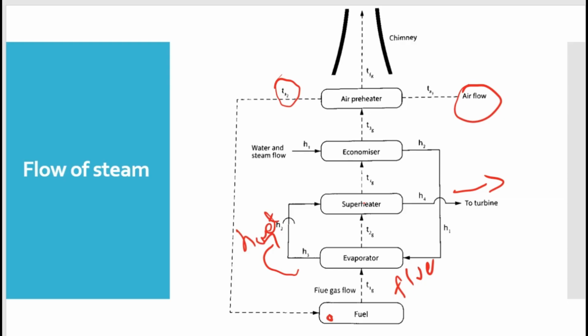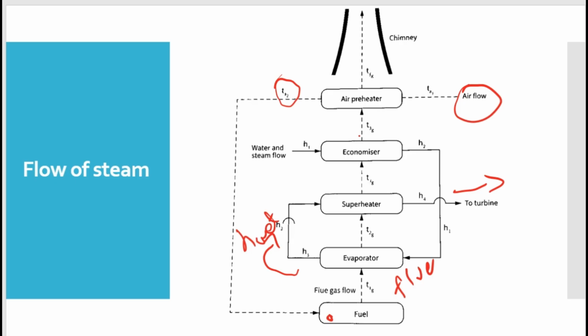When they pass the superheater, they flow through the economizer, and there is energy that is absorbed by the economizer from the flue gases, and it is that energy that causes the economizer to increase the temperature of water from T1 to T2, or the enthalpy from H1 to H2.